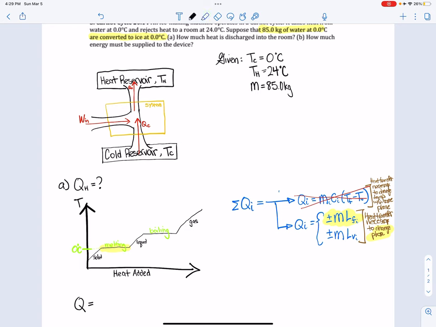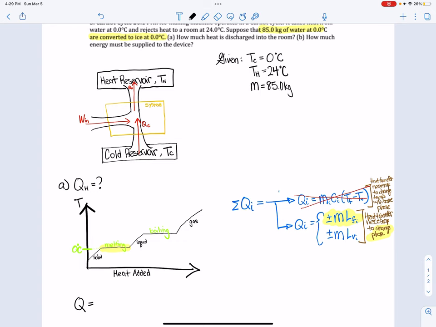Okay, so now I have to choose, is it positive or negative to begin? Well, because we're going from water to ice, we're going down in temperature, so the system would have to lose heat. You would have to transfer heat out of the system, right?